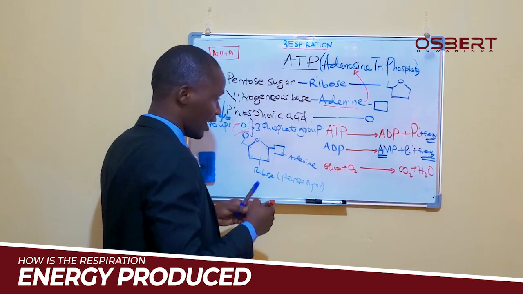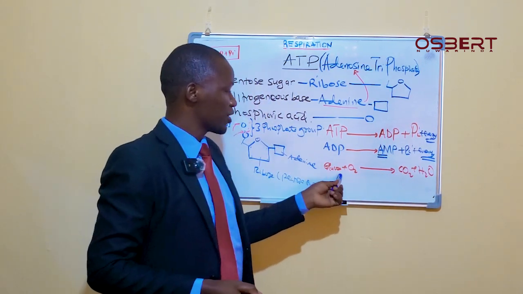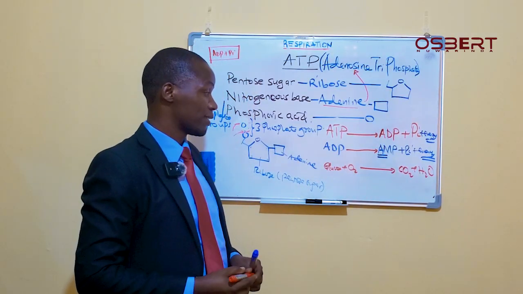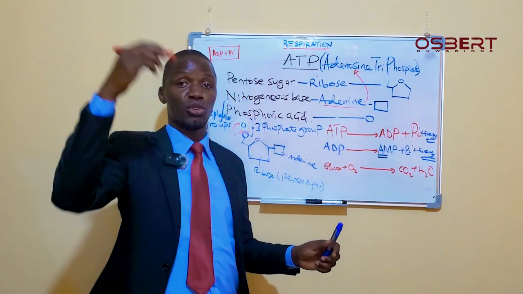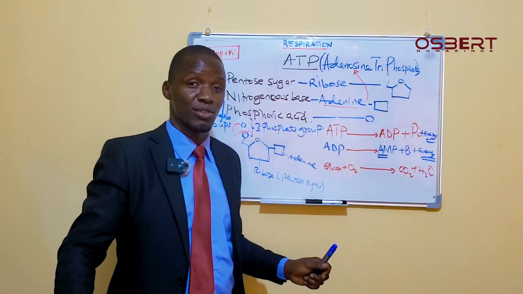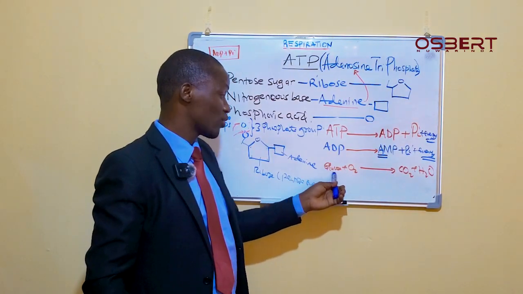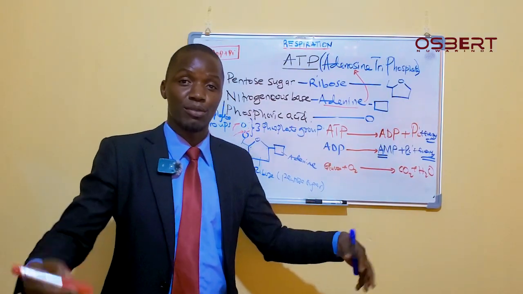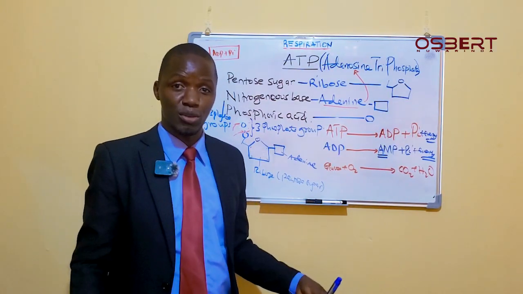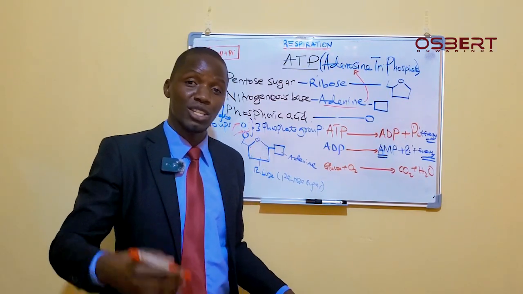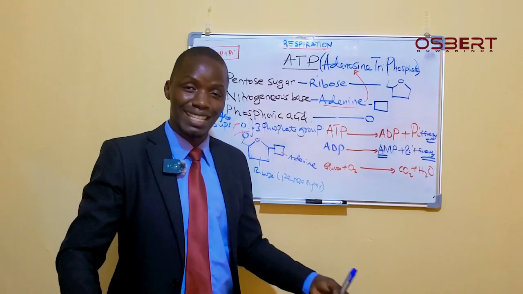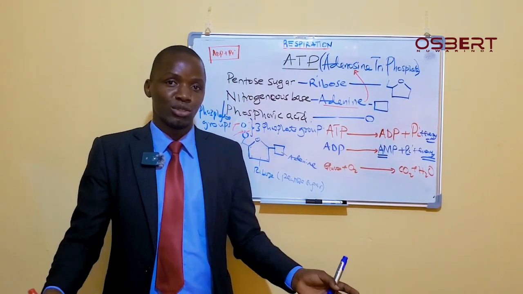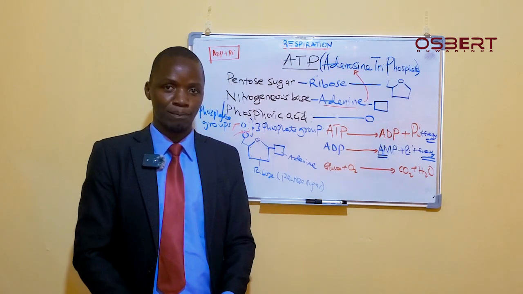But when this reaction occurs, as I already told you in one of the previous videos, it gives free energy. Some of those kilojoules are used by the cell to combine molecules together.